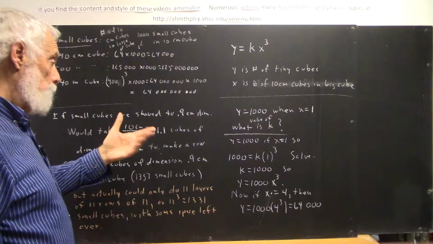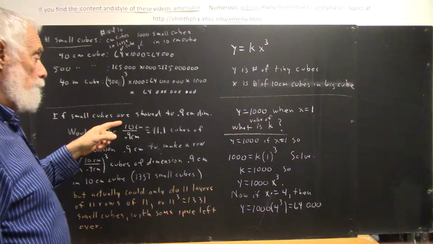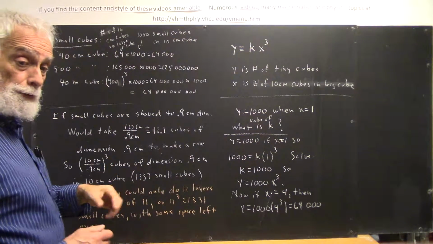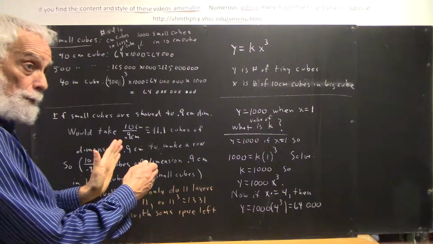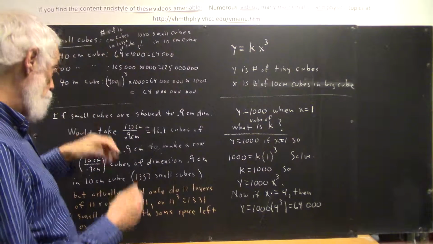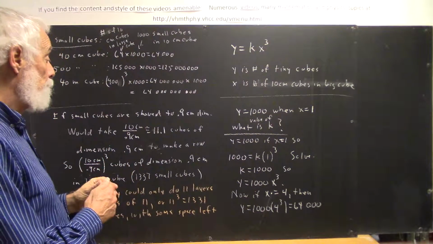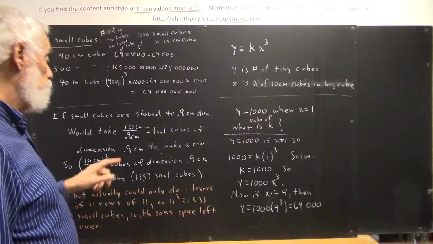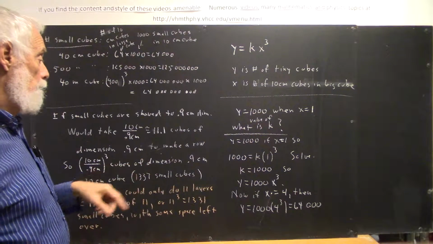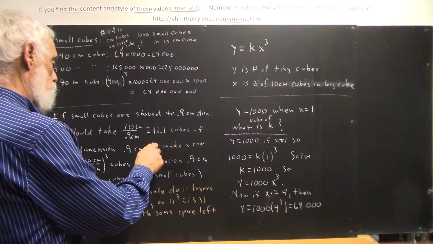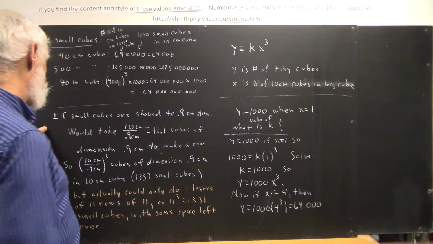Okay, well, people did the calculation. You divide 10 centimeters, which is the width of our 10 centimeter cube, obviously, or the length or the height, whichever. And we divide that by the 0.9 centimeters, and we get 11.1 cubes of dimension 0.9 centimeters required to make a row.